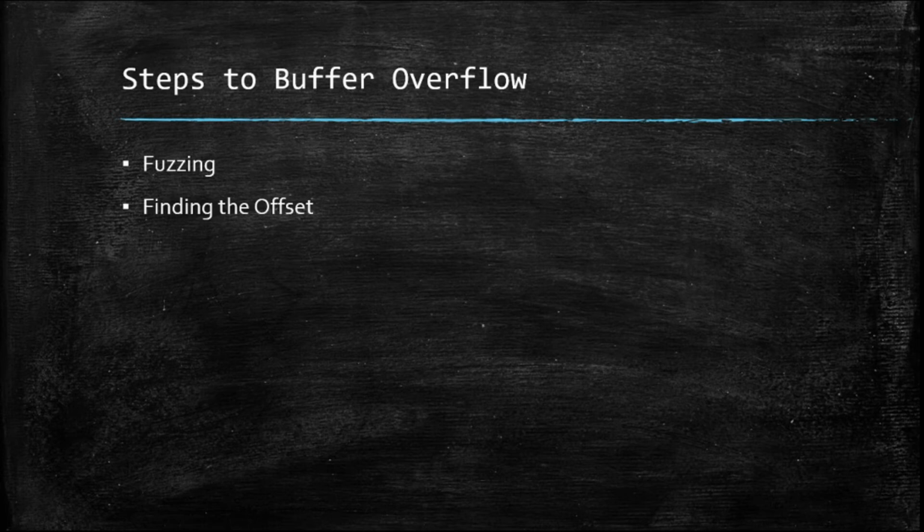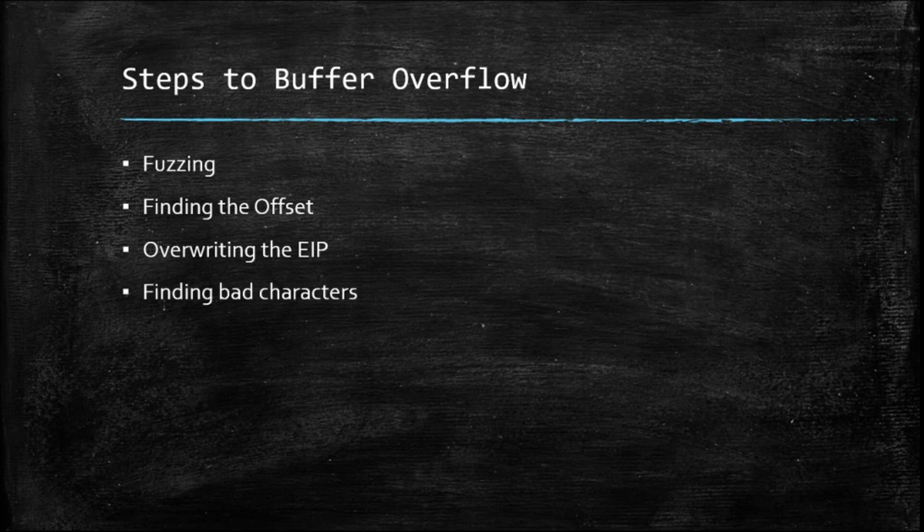Okay? Then we find the offset. At what point exactly do we break the program? Okay? Then there is something called overwriting the EIP. Okay? Then finding bad characters and generating shellcode. The shellcode is what's going to give us access to the system.